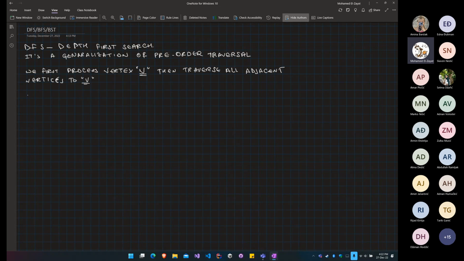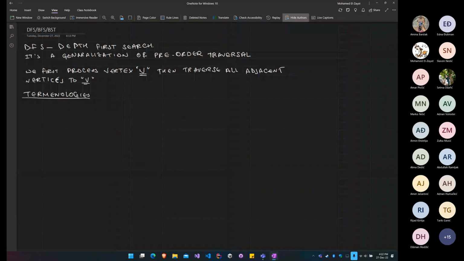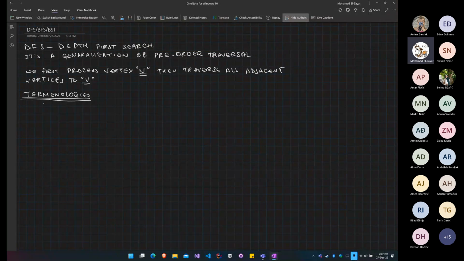There are certain terminologies which you need to know about. The first thing is that you need to understand what visiting means.